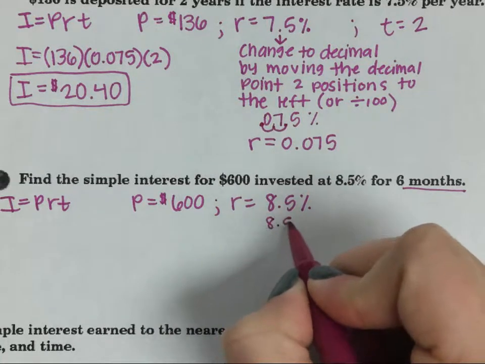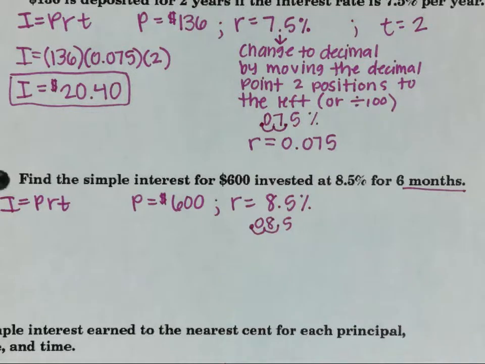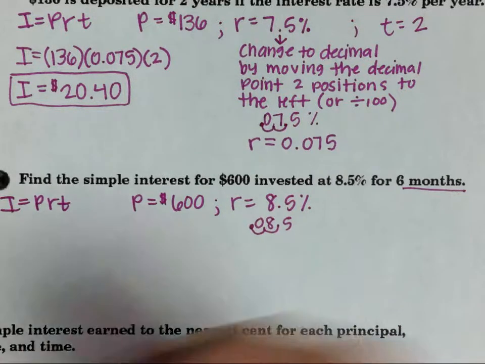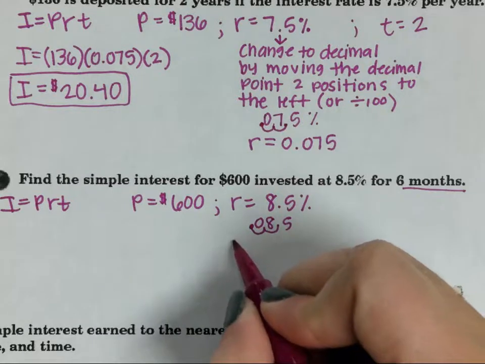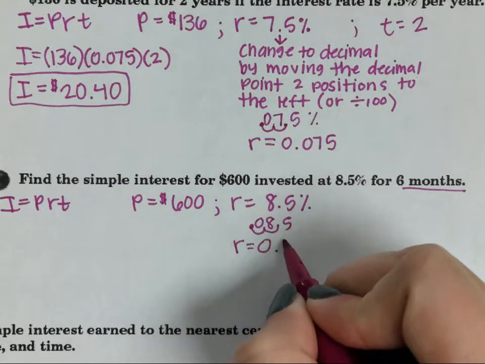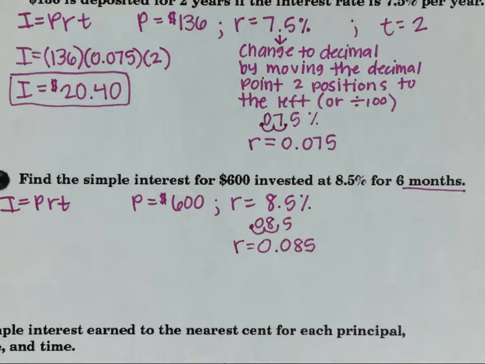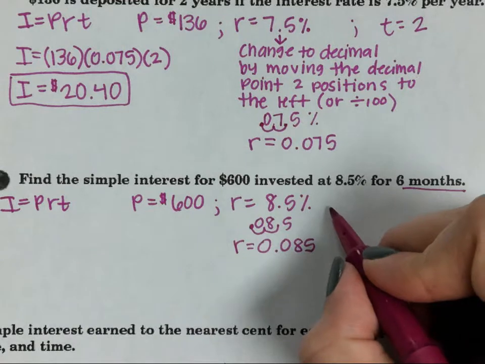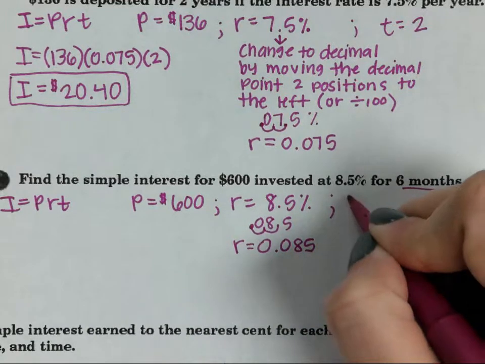So I need to move that decimal place 2 places to the left, which means I have to add a 0. So R is 0.085. Good on that part? Okay.